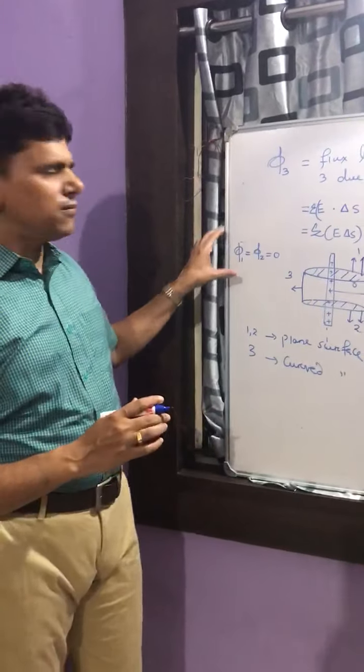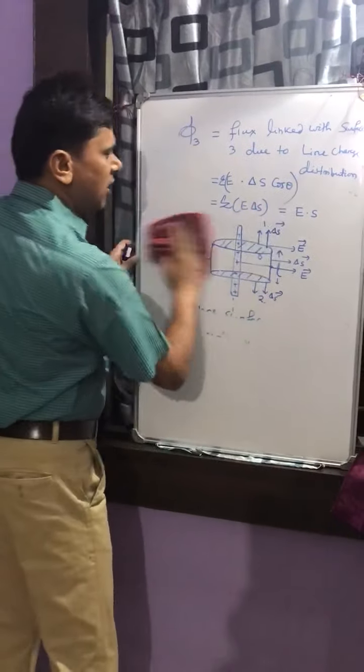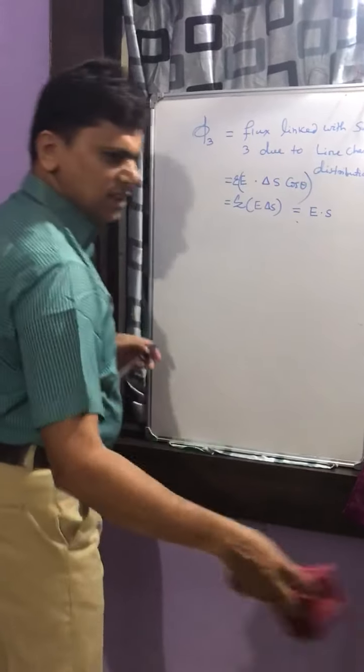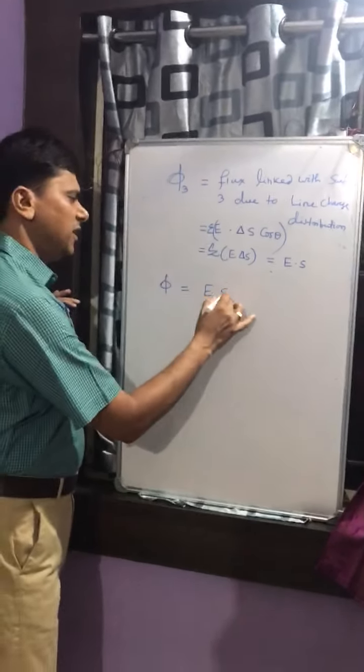So the total flux phi linked with the Gaussian surface will be simply E into S.